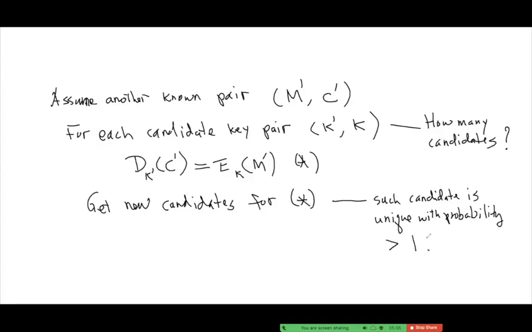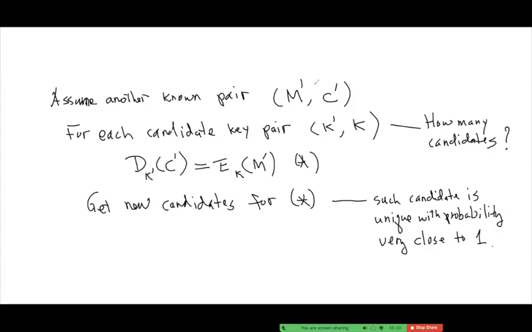I'm sorry, it cannot be greater than 1, of course. It is 1 minus something, very close to 1. Hence, with a large probability, we find this pair of keys with 2 known pairs M and C.